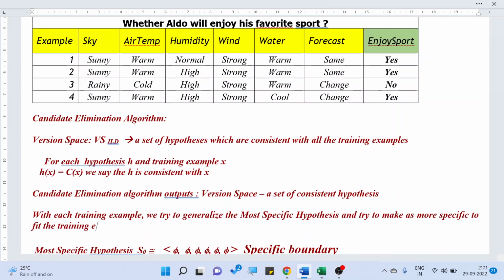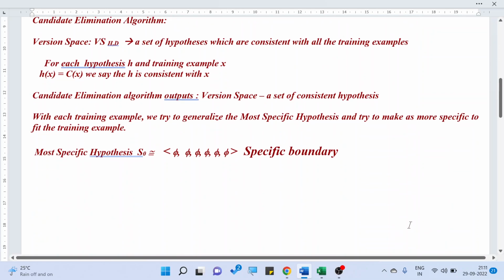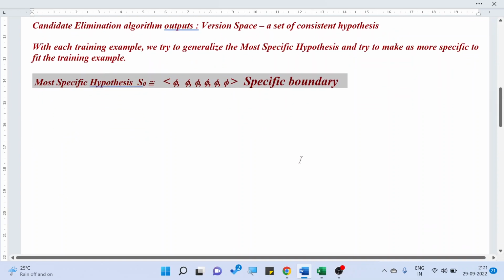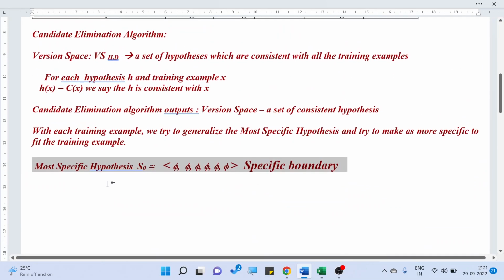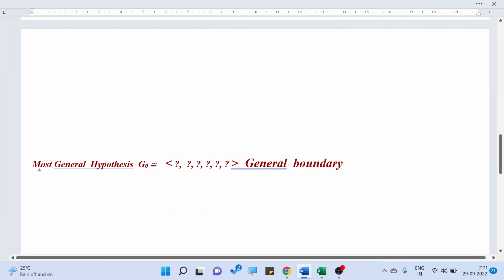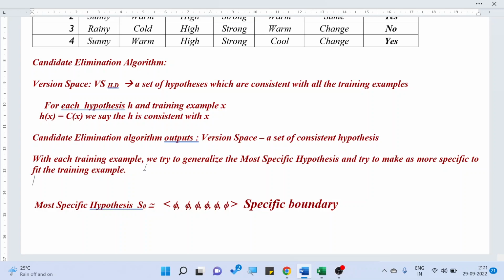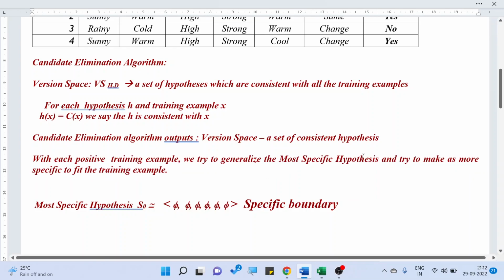This is what we are going to do. With each example we are going to modify this. Especially whenever it is a positive example, we will try to modify the specific boundary, and whenever it is a negative example, we will try to modify the most general. To be specific, with each positive training example we will generalize the most specific hypothesis.